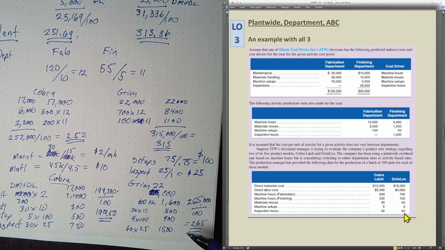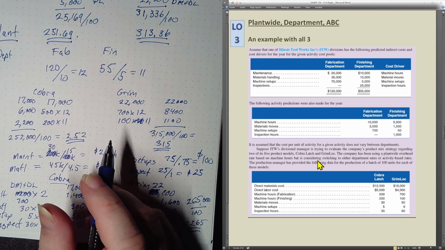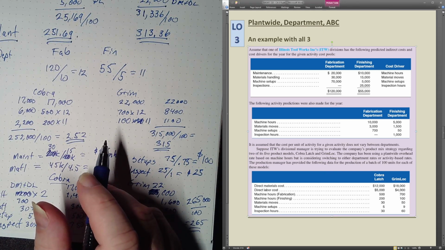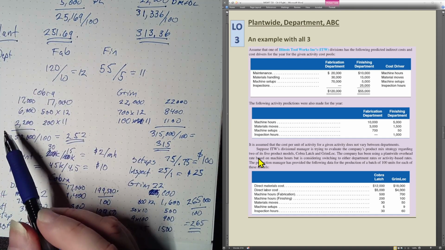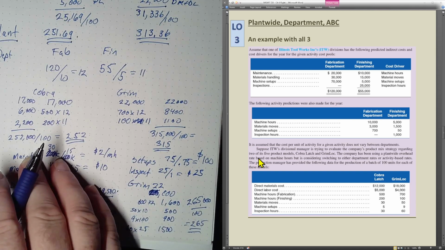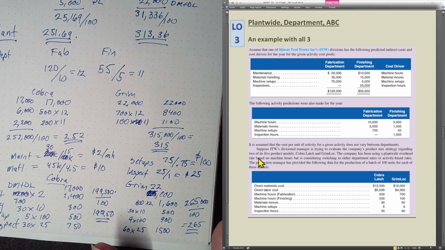Now, why is it so big? The only thing I can think of is, notice here that it says 2 of 5 models right there. So what could have been happening under the plant-wide rate and the department rate was we were overpricing these two products and underpricing the other products, meaning these two products were subsidizing.